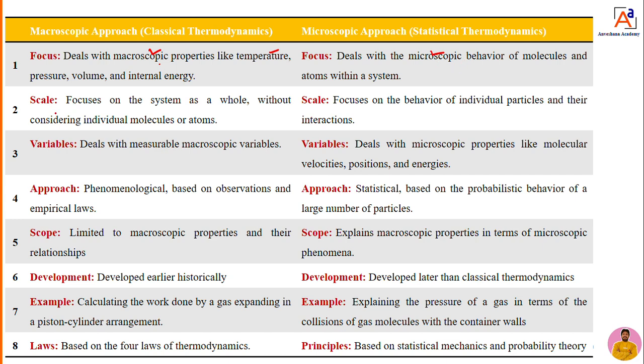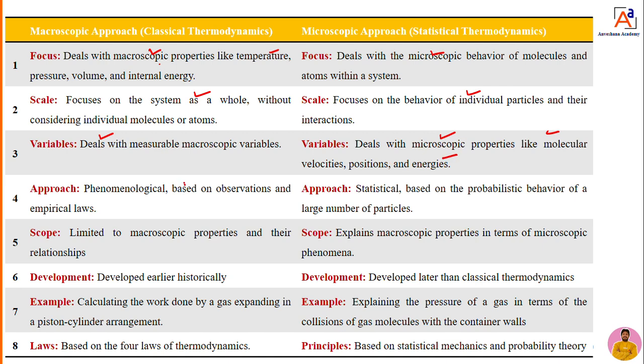Macroscopic considers a certain quantity of matter for study, but in microscopic, individual particles are considered. Macroscopic requires few variables, but microscopic requires more variables. Microscopic considers properties like molecular velocity, positions and energies.